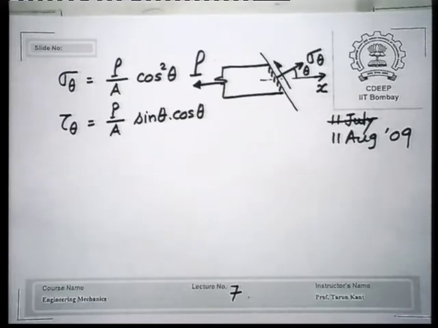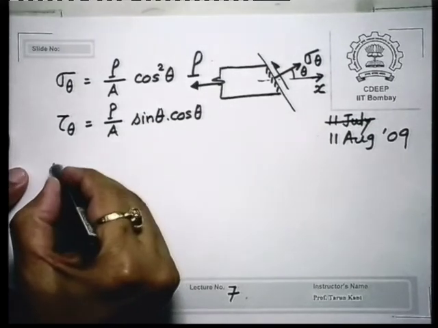If you vary theta, then what happens to this value sigma theta? First of all, cosine theta can have a maximum value of only 1, and it will be 1 when theta equal to 0.